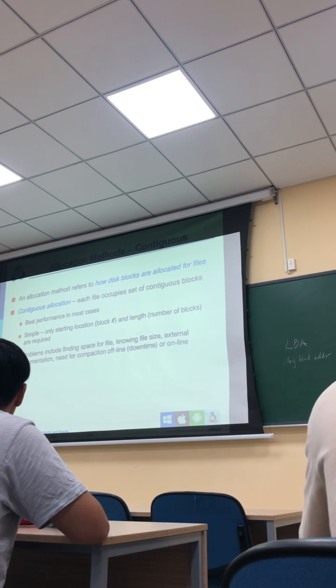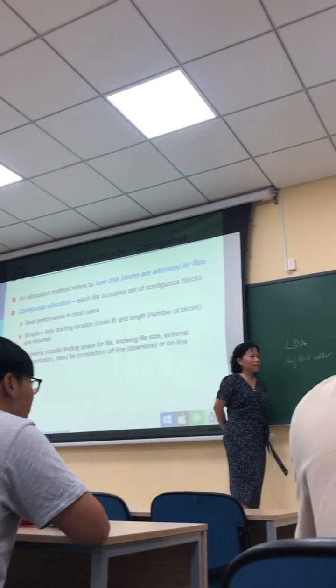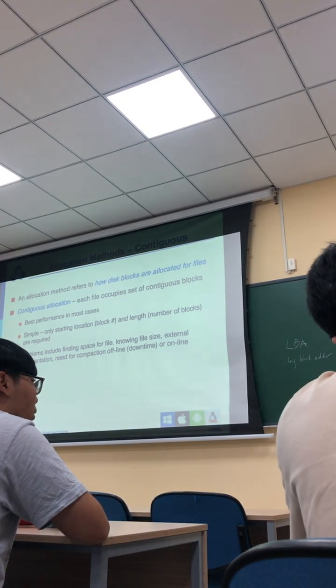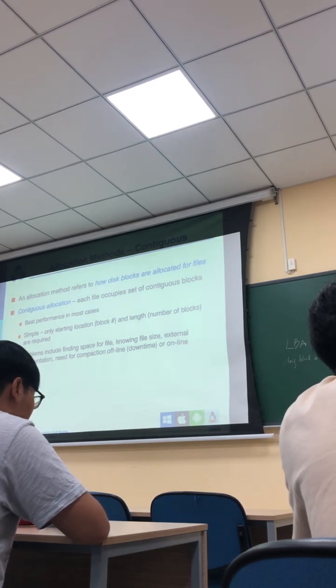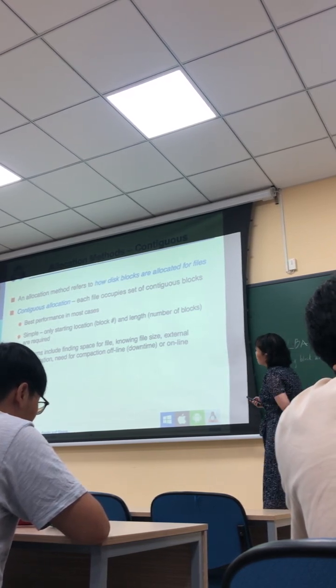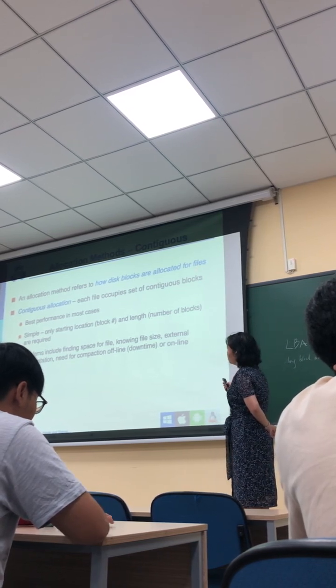So now about the allocation, we have three methods: contiguous allocation, linked allocation, and indexed allocation. This is the first one, contiguous allocation. What is it? Contiguous allocation means that a file occupies a set of contiguous blocks.